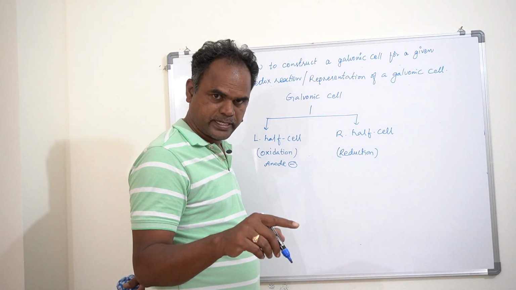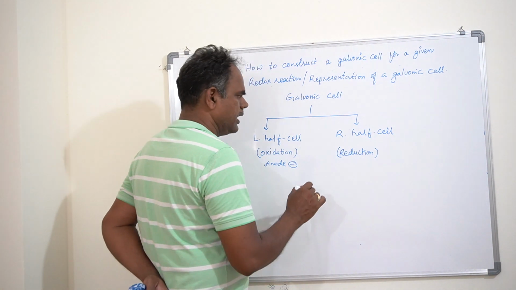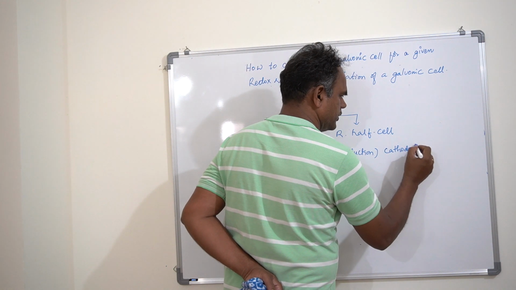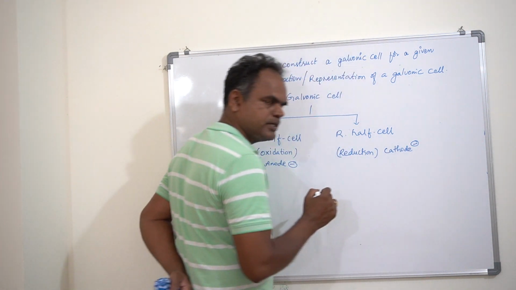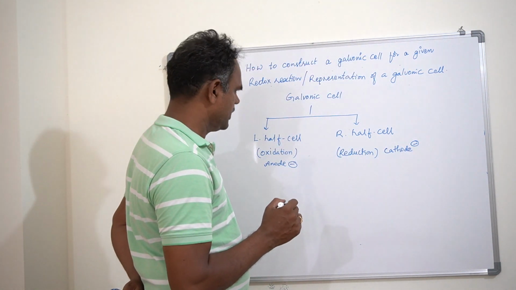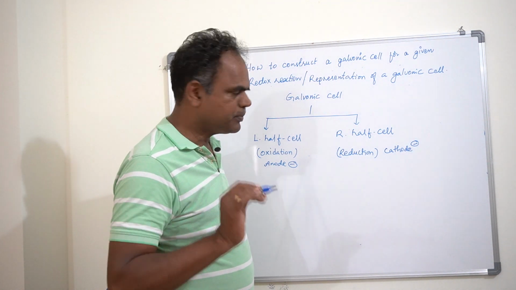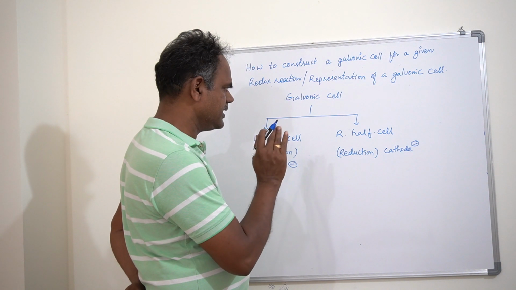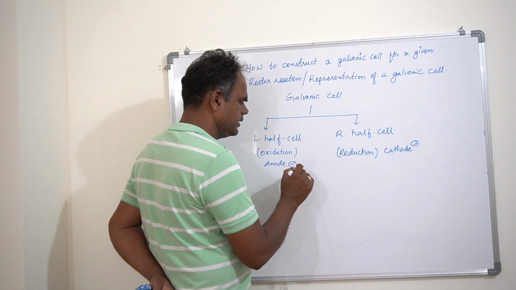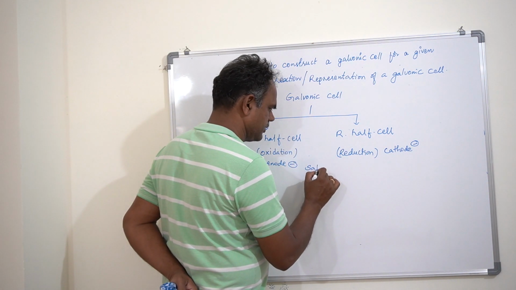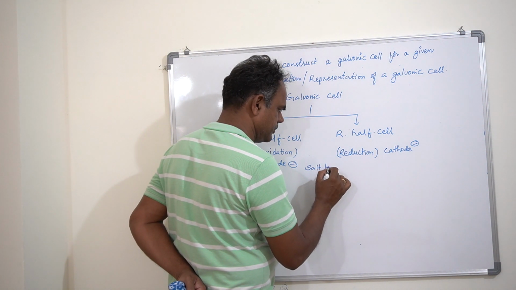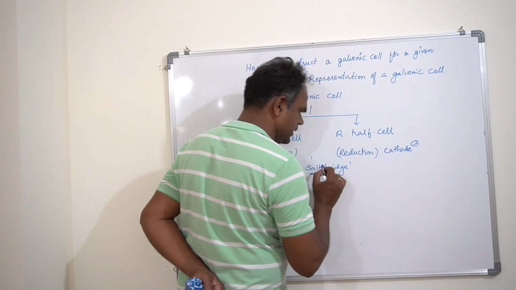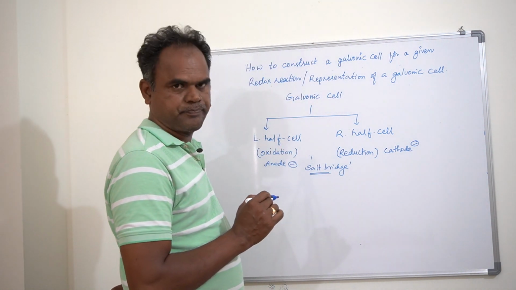Of course, in an electrolytic cell it is positive. In case of the cathode, the sign convention is positive, and in case of an electrolytic cell it is negative. Both the left half cell and right half cell are joined by a salt bridge. Already we discussed the salt bridge, which maintains electrical neutrality.